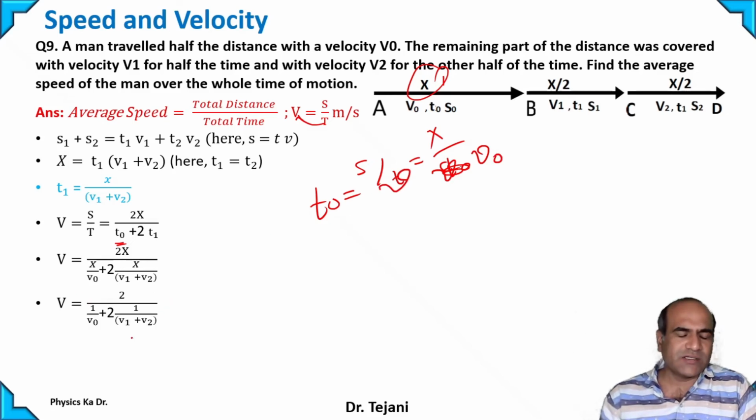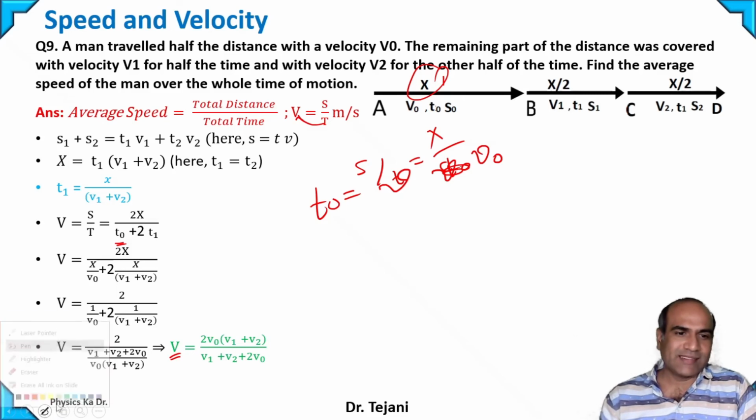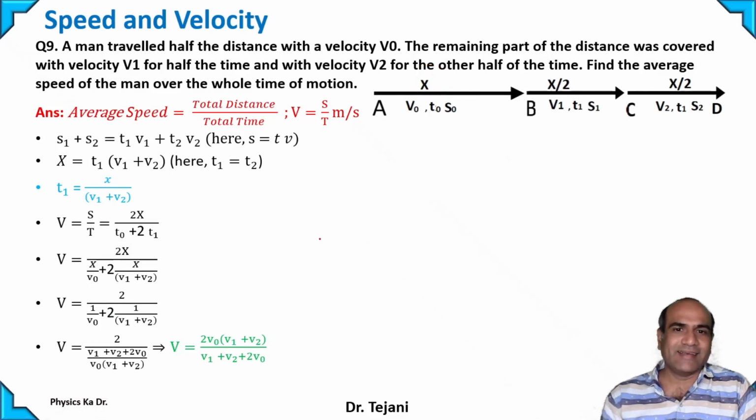Put this value here and just solve this. Mathematics, I don't think I need to teach because you are excellent in this kind of solution. And then you get the final solution. V is equal to 2 v0 (v1 plus v2) divided by (v1 plus v2 plus 2 v0). Excellent. Great job.